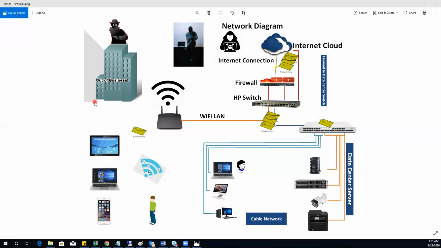So you must implement firewalls in your network infrastructure and configure access control lists. These are the lists in which we define our policies, what kind of traffic is allowed to enter our network environment and what kind of traffic is prohibited in our network infrastructure.